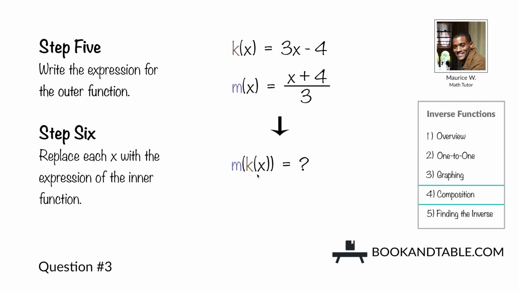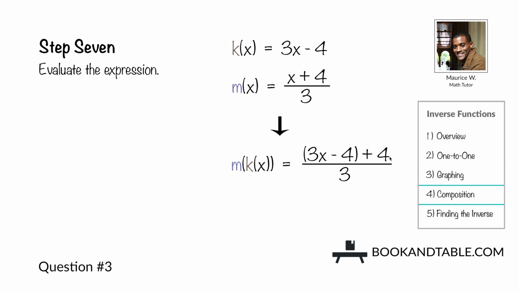So step 5, write the expression of the outer function, the m function, which is x plus 4 over 3. And then step 6, replace each x with the expression of the inner function. The inner function is k of x. 3x minus 4 will be plugged in here, and then we'll have plus 4. And now we can evaluate the expression.